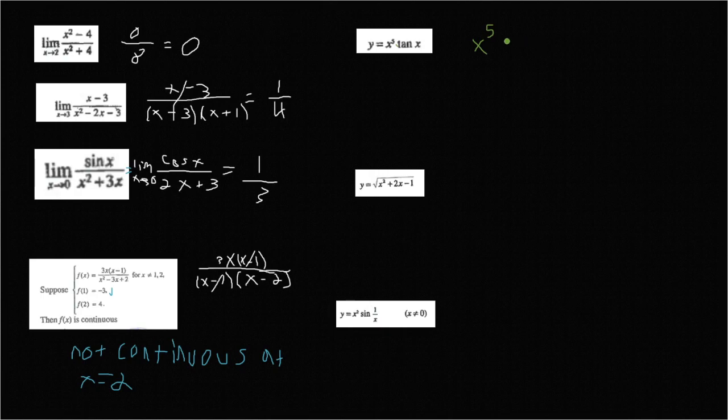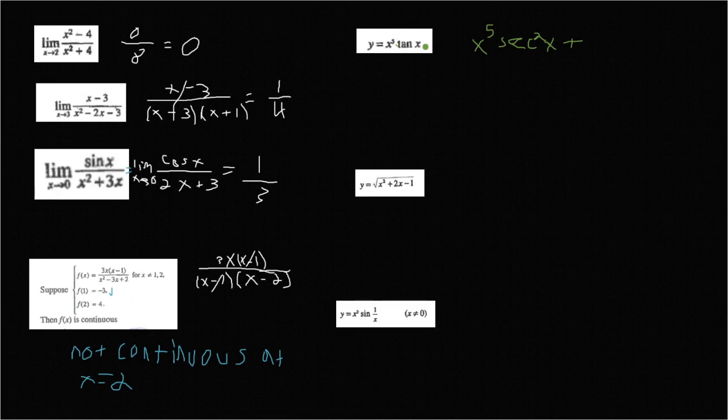The derivative of tangent x is secant squared x. There's really no trick, but you just have to know that.